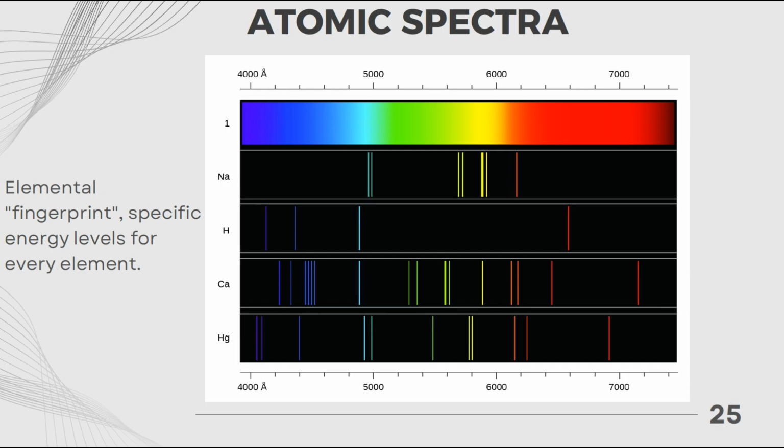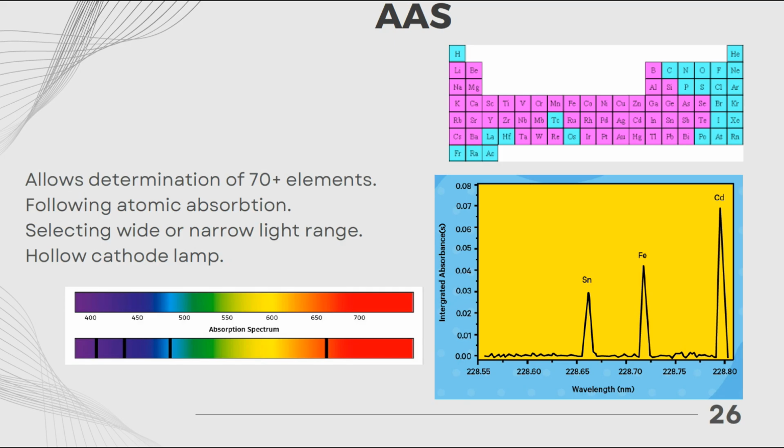And there are two types of atomic spectroscopy. The first one of them is atomic absorption spectroscopy, AAS. And here you may see the elements that can be analyzed with this methodology. So more than 70 elements, which is great. As I told you, we follow metals mainly with this technique.